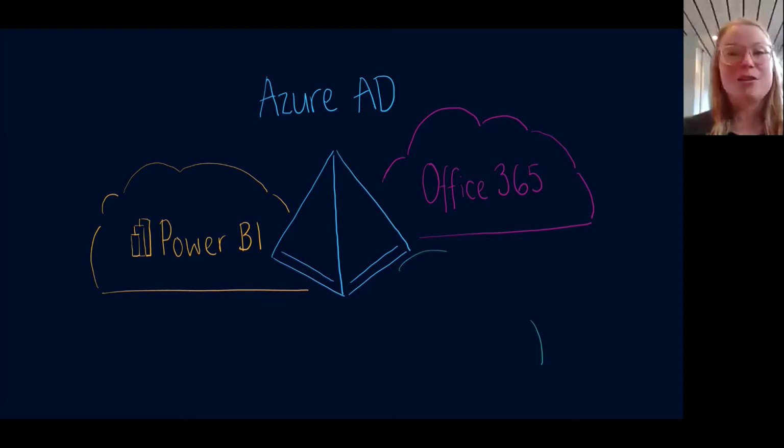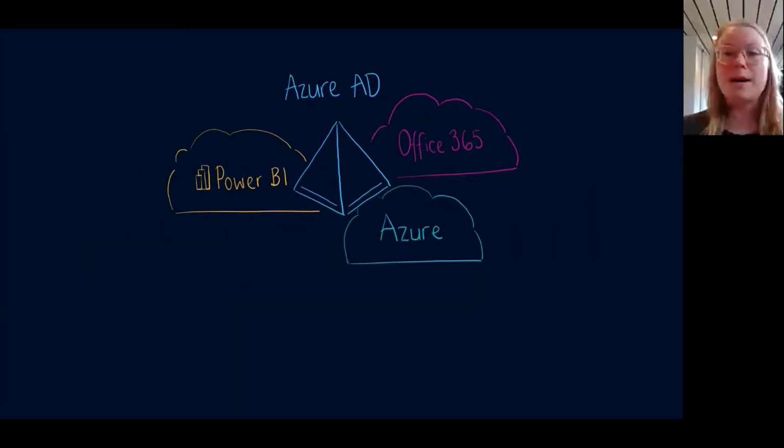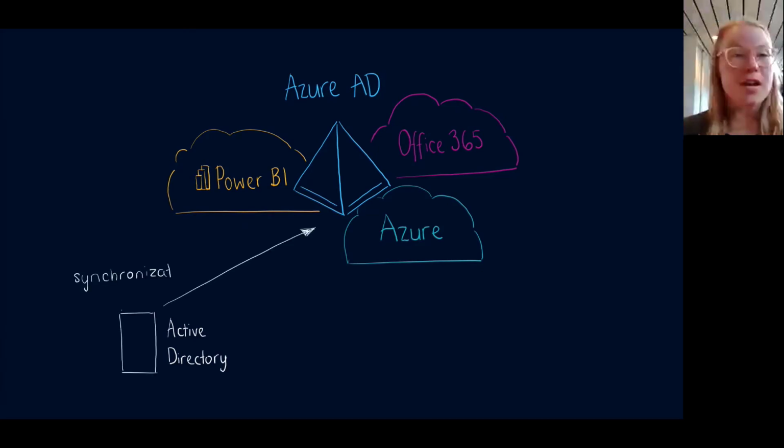In the same way, Azure also gets linked to Azure AD. What Azure AD enables is centralized identity management for the different Microsoft Cloud services, so that we are able to use the same identity across all of these capabilities. And very typically, we would have synchronization between an on-premise Active Directory and the Azure Active Directory that we have in place.